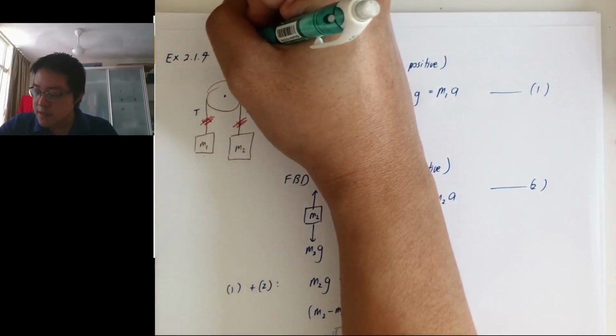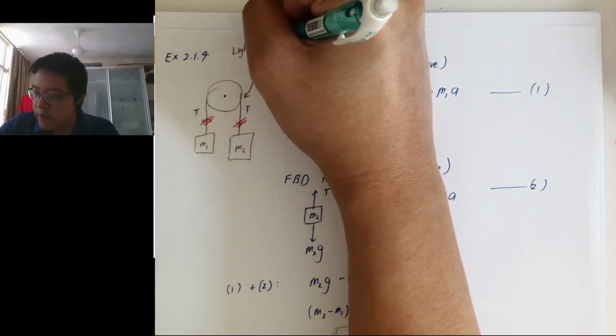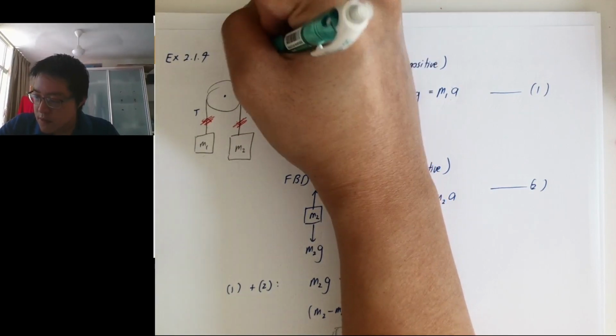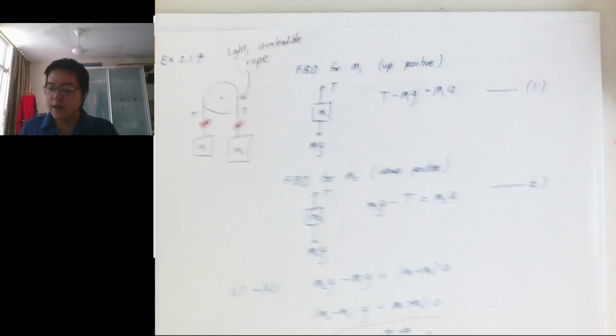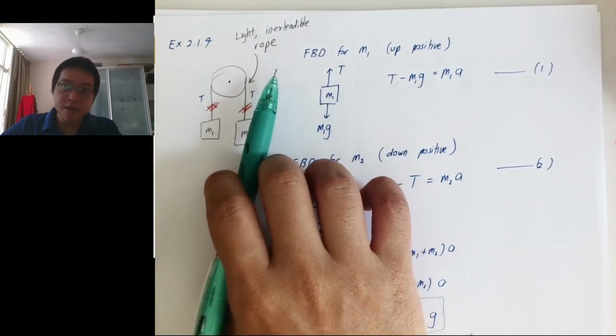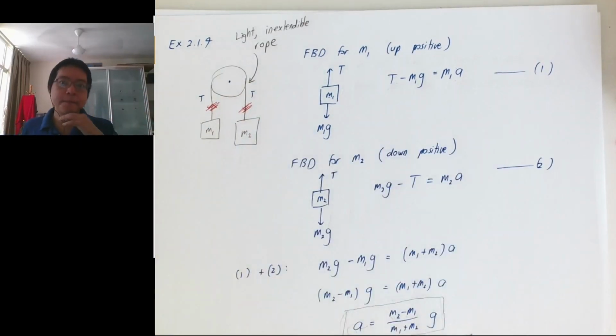In the textbook they call it a light, non-stretchable or inextensible rope. And we have to make this assumption because if the rope can stretch, you cannot really solve this question anymore. Why? Because then you need information on how much the rope can stretch.